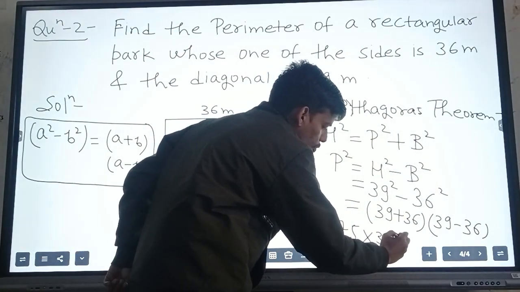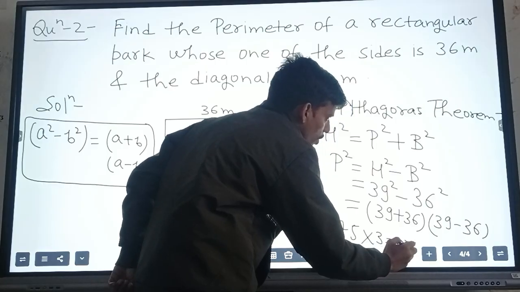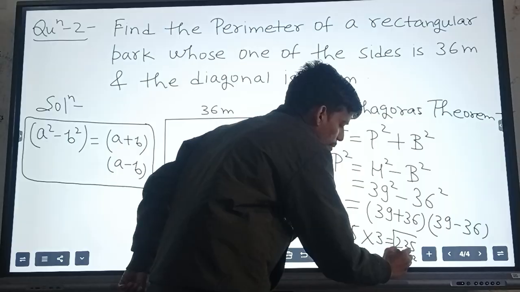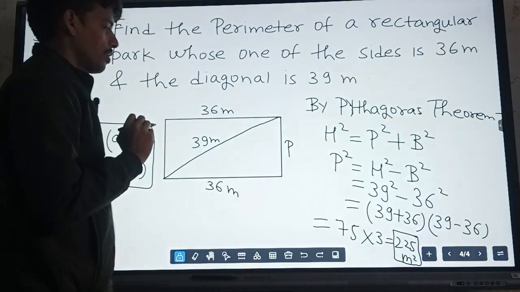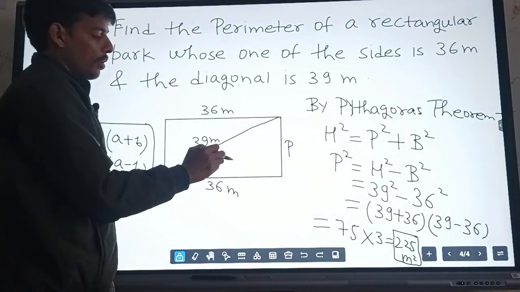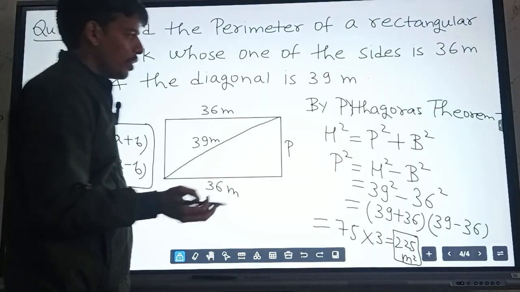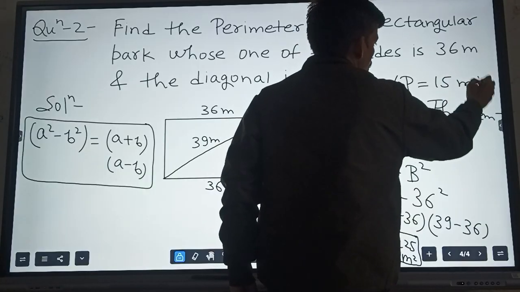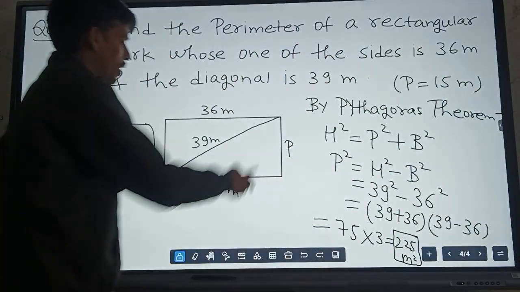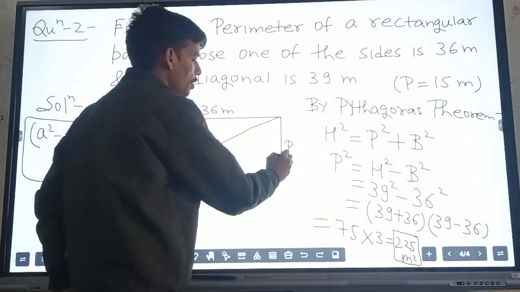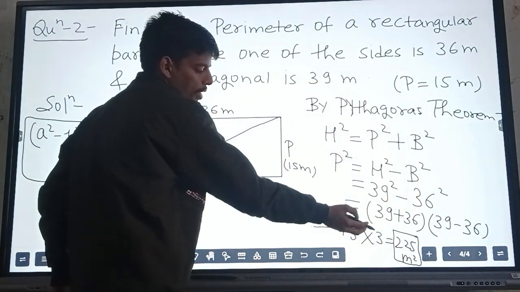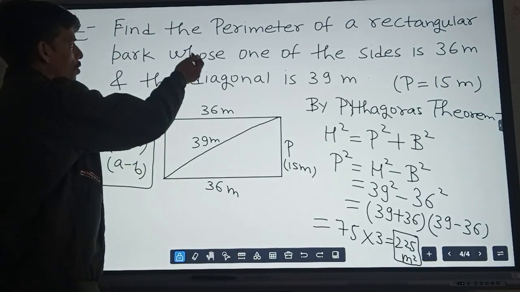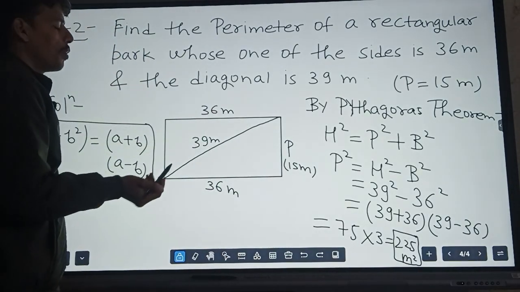So it is equal to 225 meter square. It is the value of the square of the perpendicular. P square equal to 225. So P equal to 15 meter, which means the value of this side is 15 meter, because 225 is the square of 15.